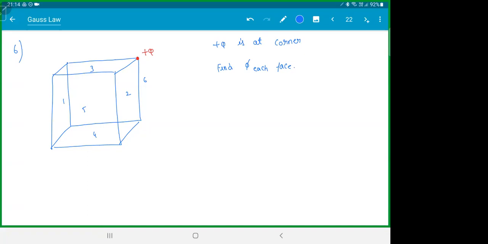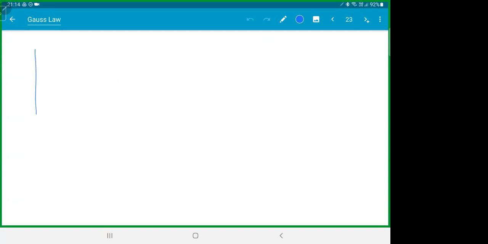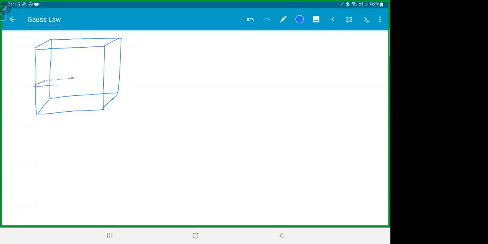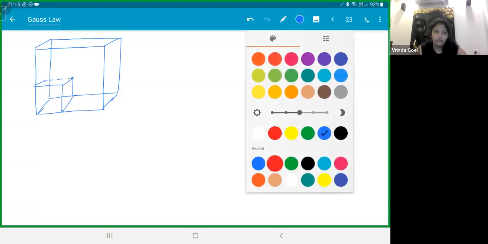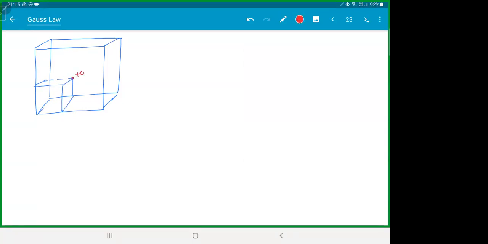First thing, can you find the flux passing through the cube? See, if you take a cube like this. This thing, did you study in solid state chemistry?